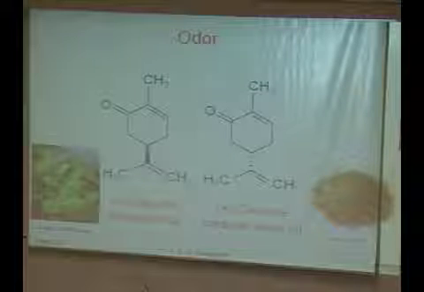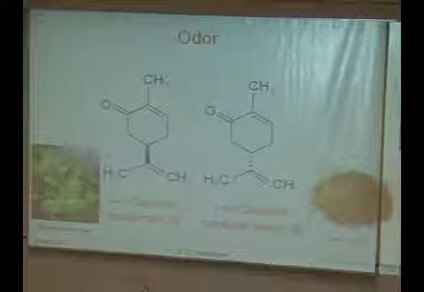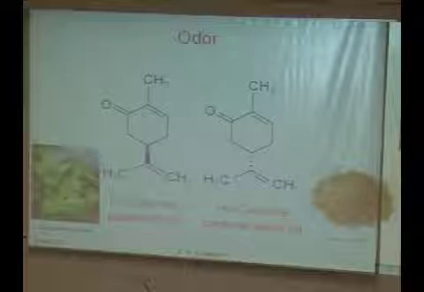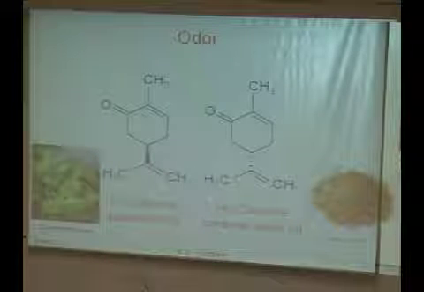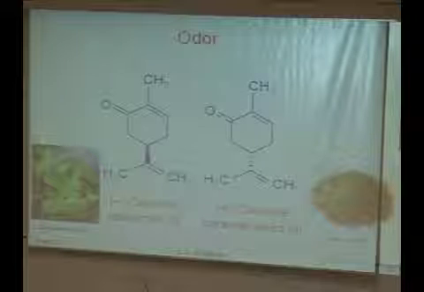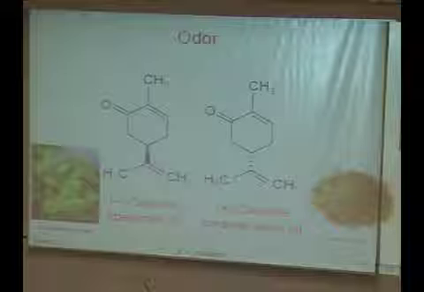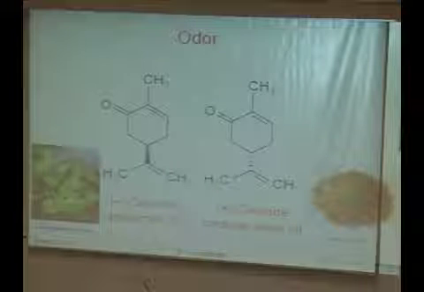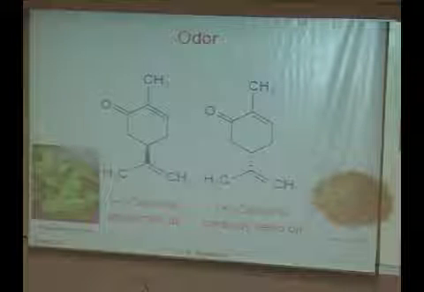What we have here are the two enantiomers, the minus carvone and the plus carvone. So one is rotating in the negative direction, the other one is rotating in the positive direction. The one that is rotating in the negative direction has an odor of spearmint oil. The other one has the caraway seed oil.